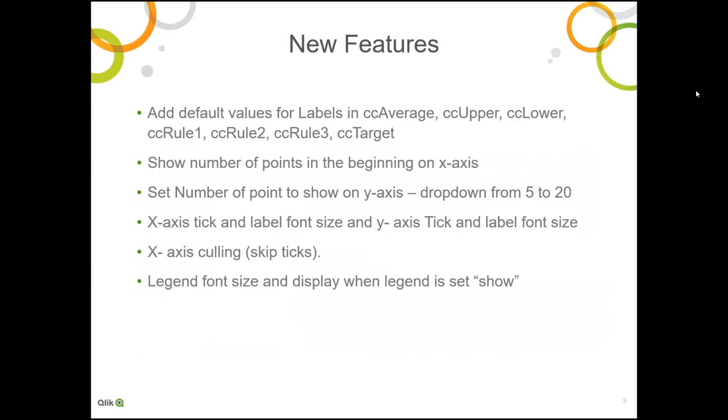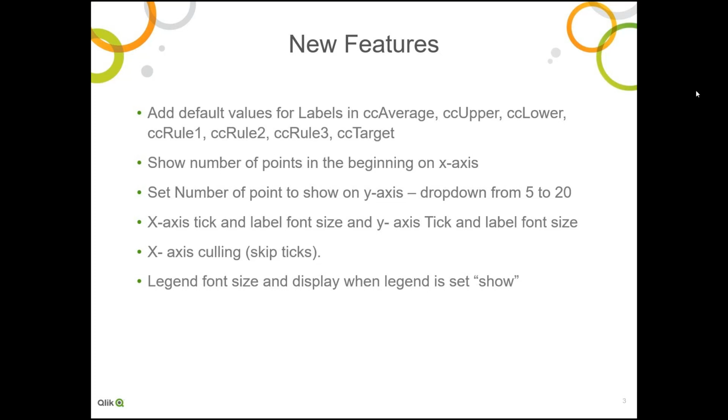Along with all the additional new chart types, we've also added some new features for each of these charts. So this includes allowing you to set the default labels for the average, the upper and lower control limits, and the rules, the ability to show all of the points on the x-axis, or just choose to select 10, 15, 20, or as many as you want.